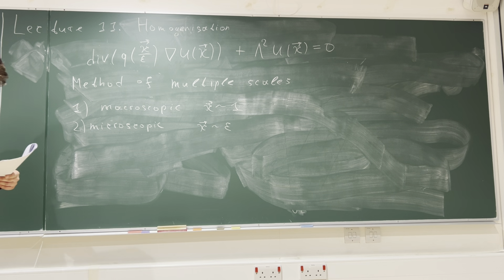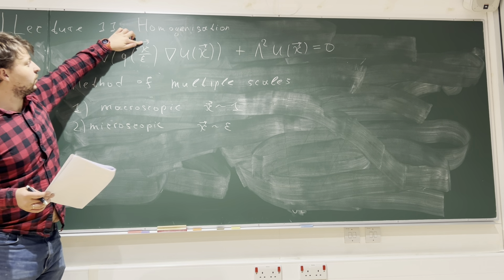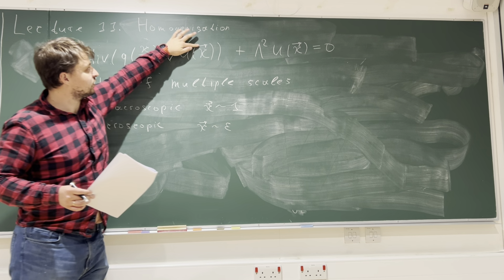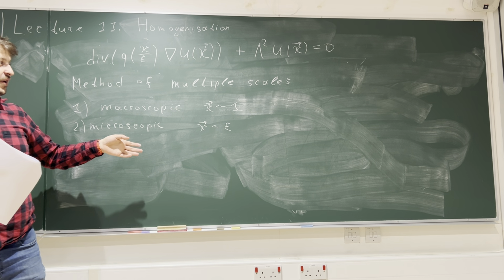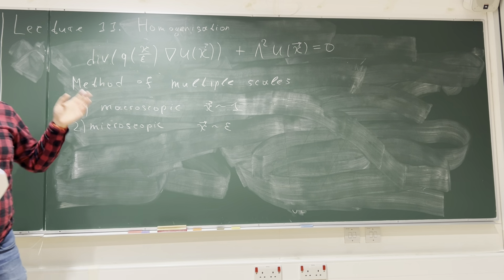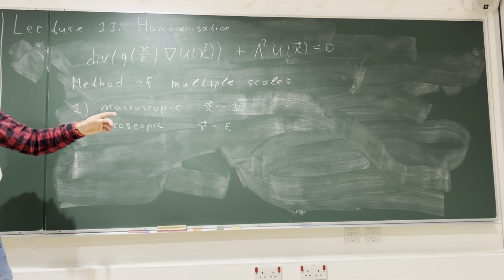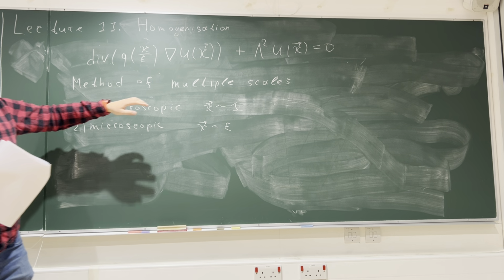And I want to save a bit of notation later, so I won't draw this arrow, but you should have in mind that x is a vector. Is it fine to you? Yeah. Okay?